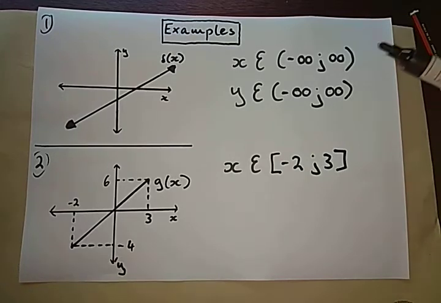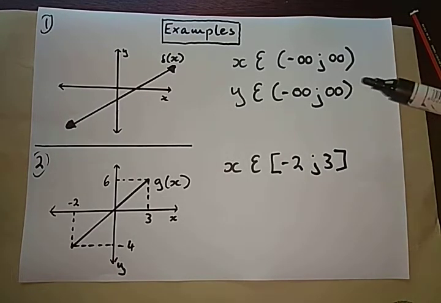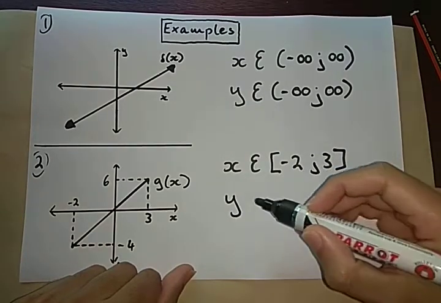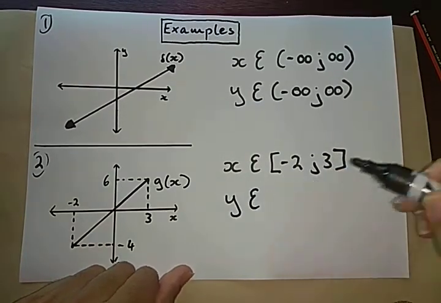Including. Take note that I did not use a square bracket for infinity because it is impossible to actually reach infinity. You cannot include infinity in your domain and range. So a curled bracket stands for not including, whereas a squared bracket means including. On the other hand, let's find the range for this same example.